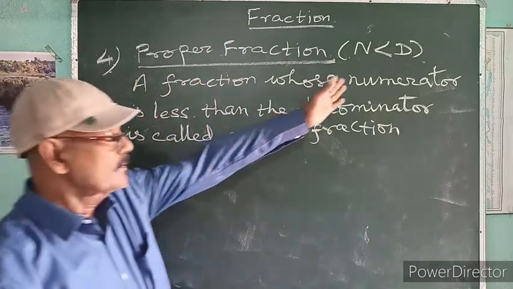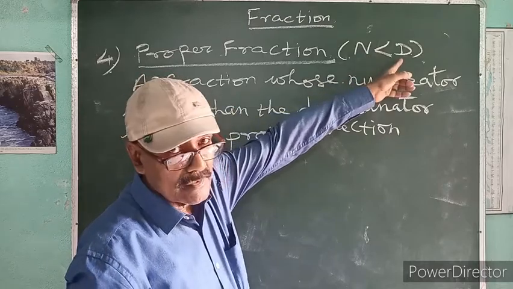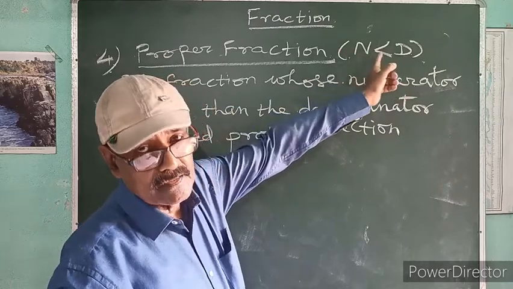So here I have written symbolically n is less than d, that means numerator is less than denominator.